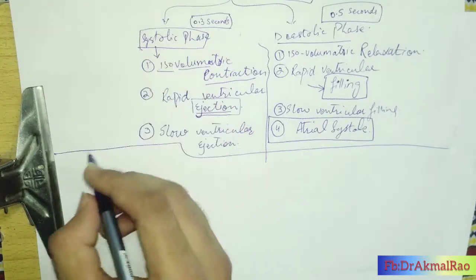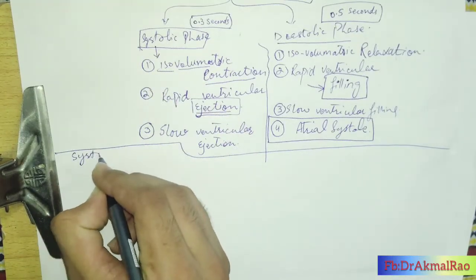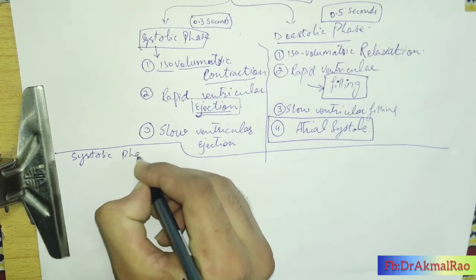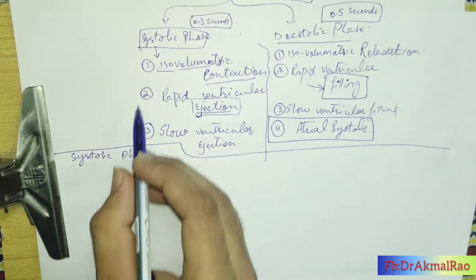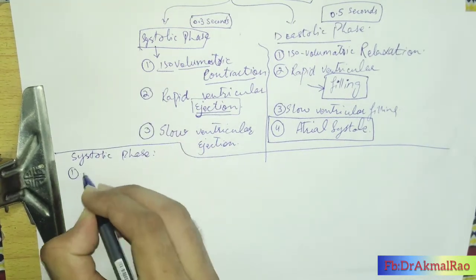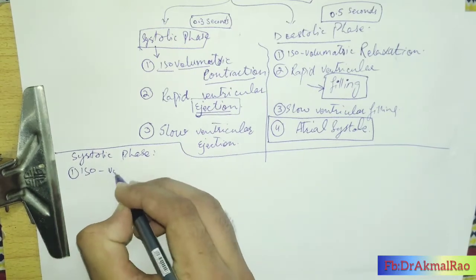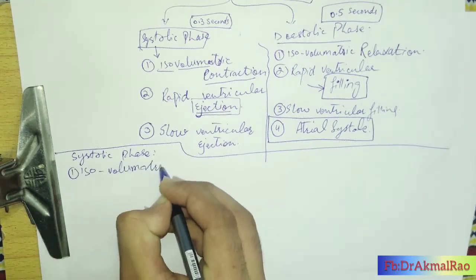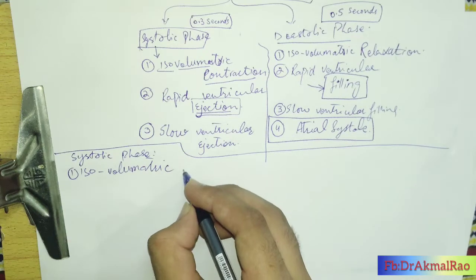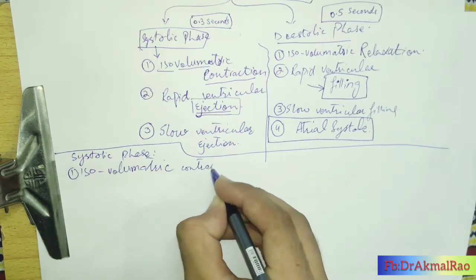First of all, for the systolic phase, we have the first one, that is isovolumetric contraction.